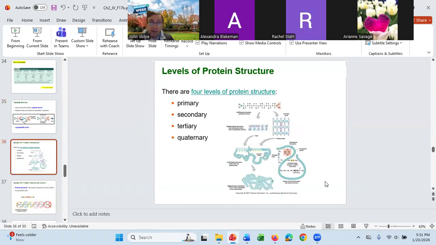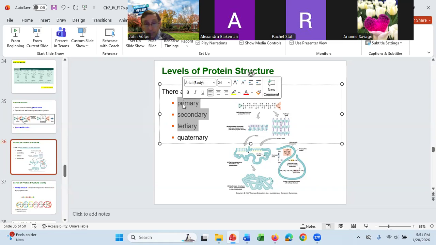All right, let's talk about the levels of protein structure. You can have 4 different levels of protein structure: the primary level, the secondary level, the tertiary level. All proteins have the primary, the secondary, and the tertiary level of structure.